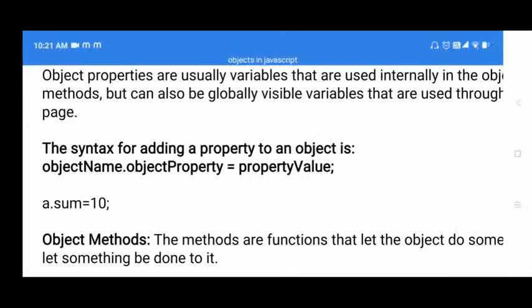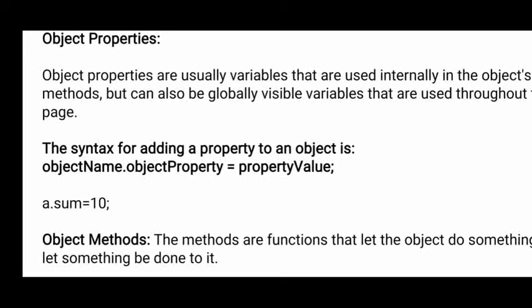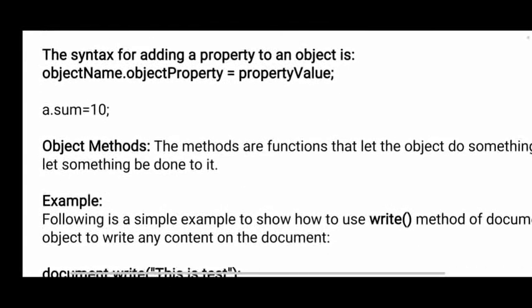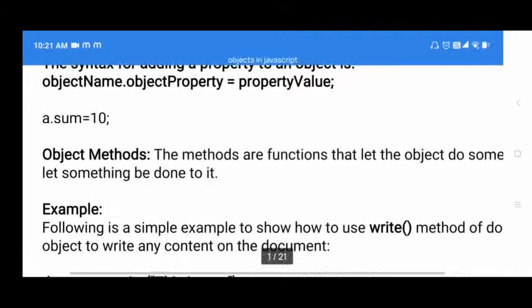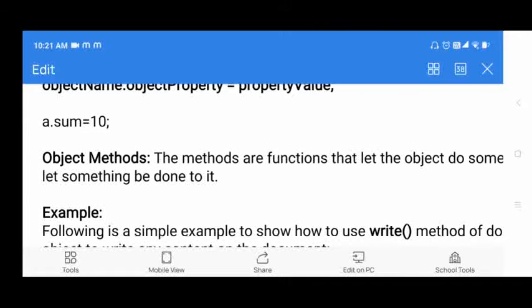So in JavaScript, how will you create an object? Here you can see: objectName.objectProperty = value. This is the syntax for adding a property. But if you want to create an object, how will you do it? You just write var objectName = new and a method.